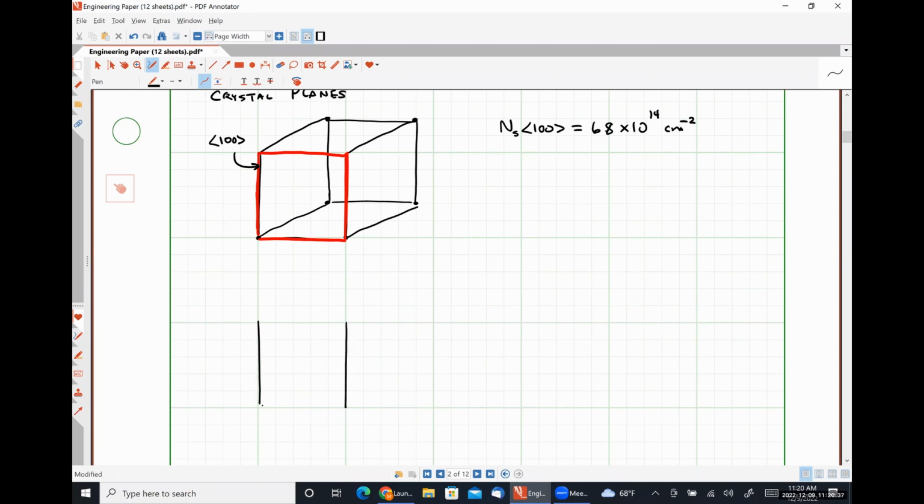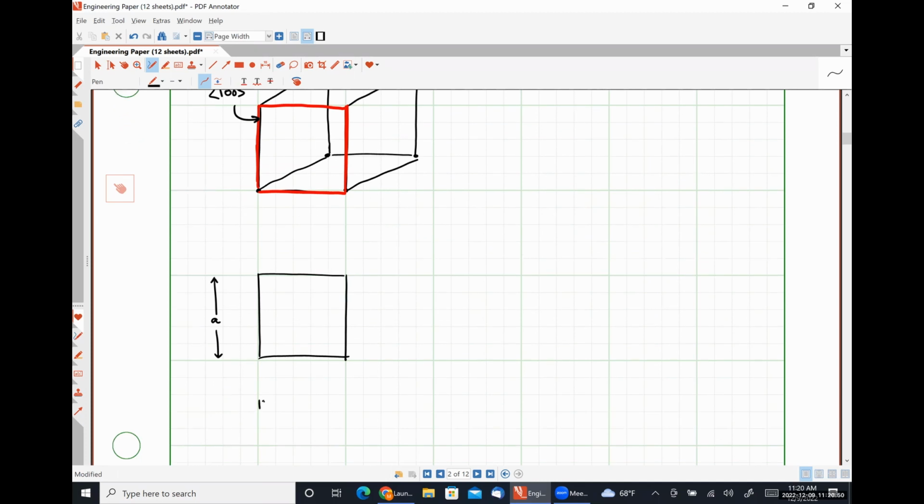So if we consider this to be an area representative of our 1, 0, 0 plane, where this height is A and this width is A, the interatomic spacing for silicon, where A will be equal to 5.43 angstroms, what we would see is a silicon atom on each corner and a silicon atom in the center of the face.